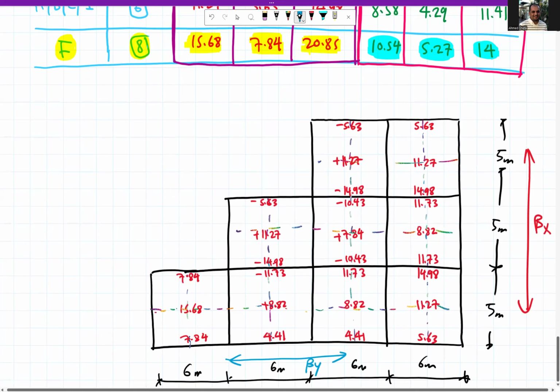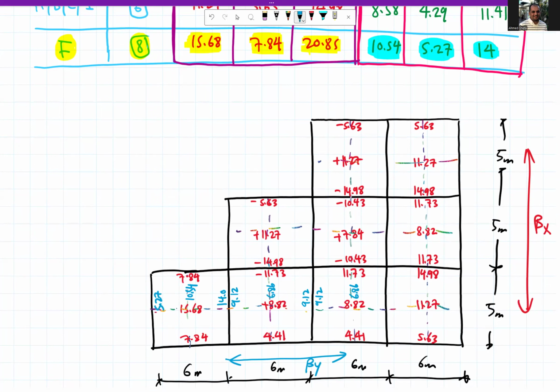So here we have 5.27 and 10.54 and 14.0, and here 9.12, 6.86, 9.12, 9.12, 6.86, and 9.12.